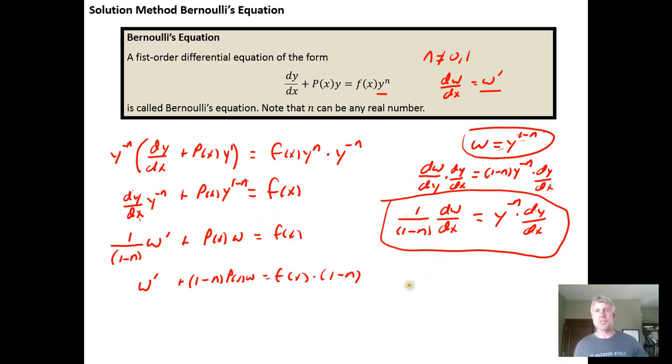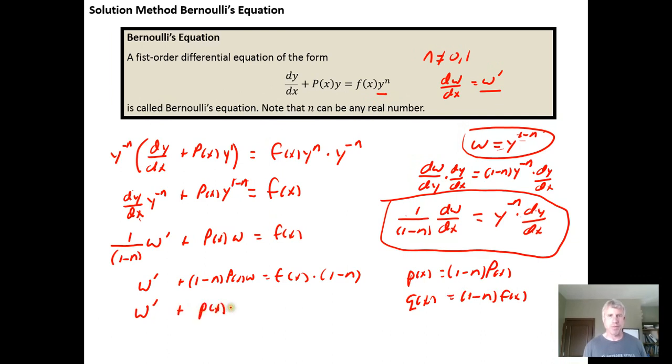And what I want to notice is that if I let little p of x equal 1 minus n times big P of x, and I let q of x equal 1 minus n times f of x, so if I just rename those terms, I now have an equation that looks like w prime plus p of x times w equals q of x, and this you should recognize as the form of a first order linear differential equation from the previous homework assignment.